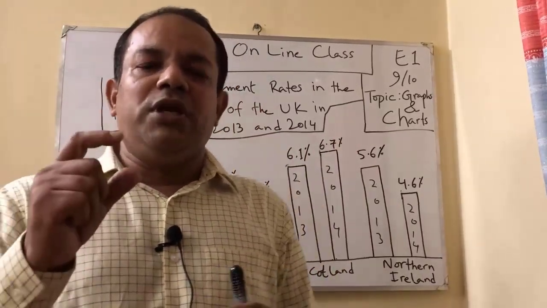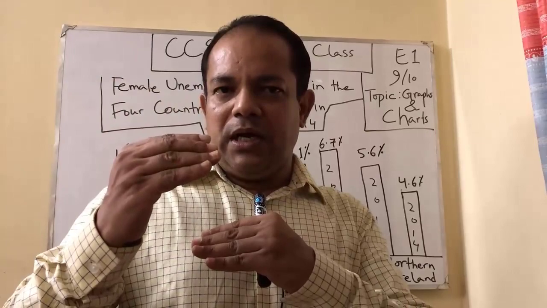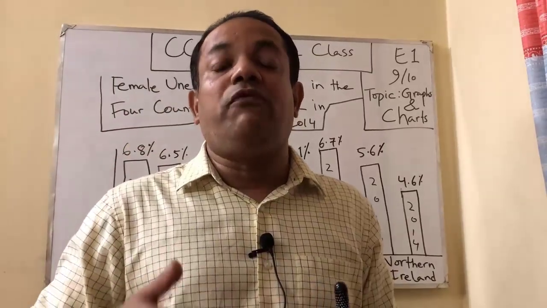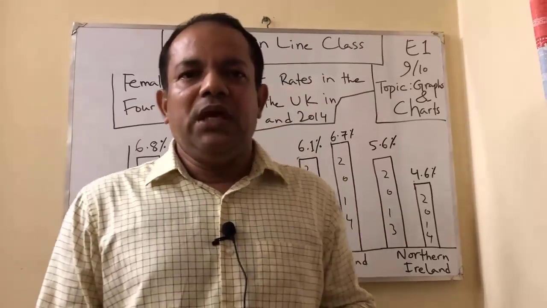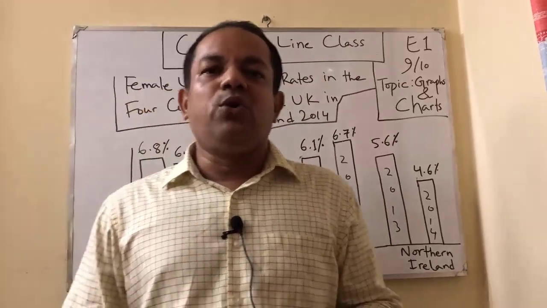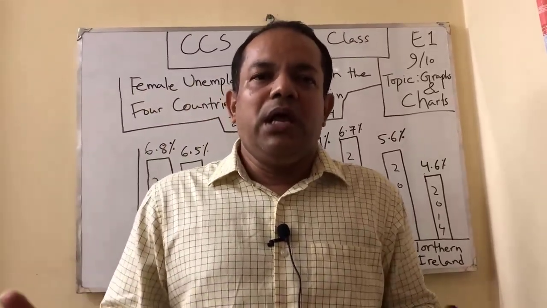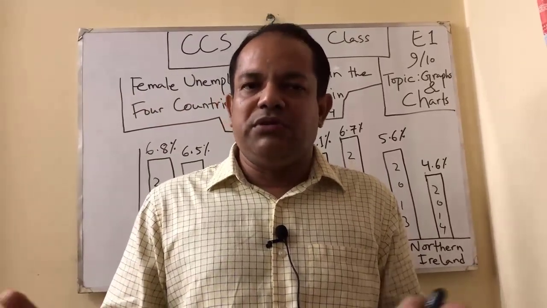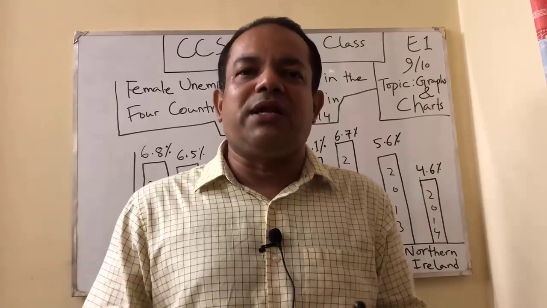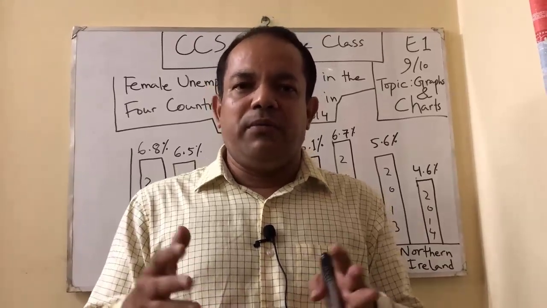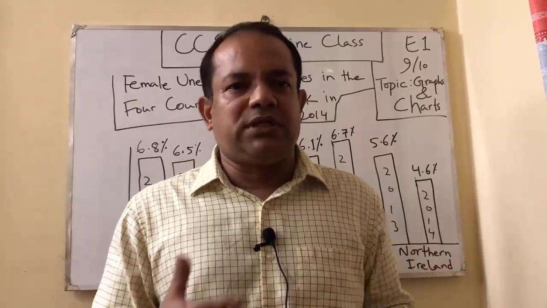So after writing the introduction, we will go for the overview. What do you mean by overview? In my class, I told you several times, though in class 9 we couldn't take too many classes, but the students who are in class 10, I think you have become familiar with this kind of writing.